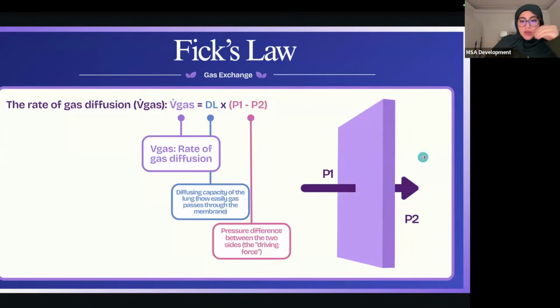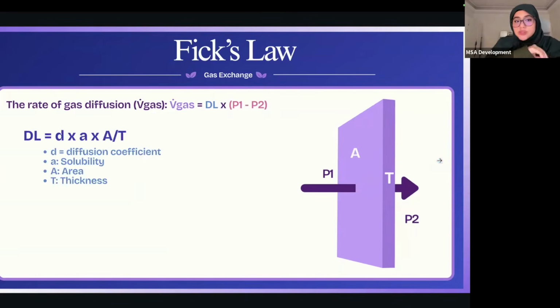And then there's driving force, or pressure between two things, right? What we know from diffusion is that you diffuse from areas of high concentration to low, right? You never go low to high. So the pressure has to be higher here and lower here to drive the force. And that's what makes up this whole equation, okay?